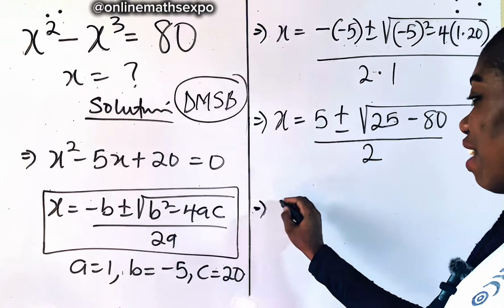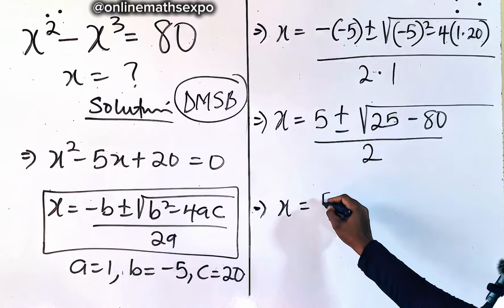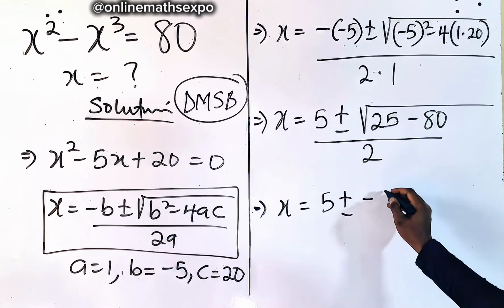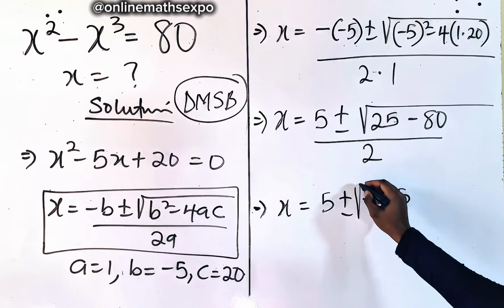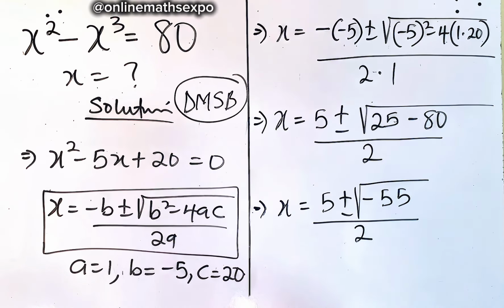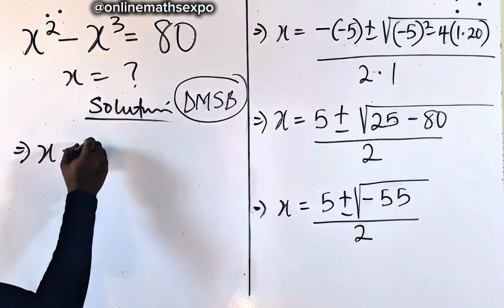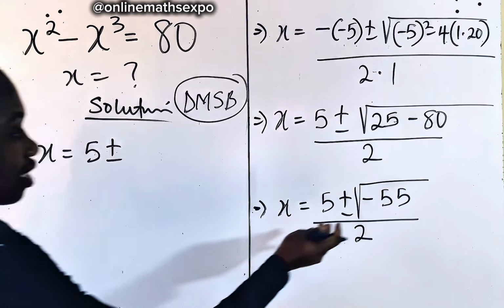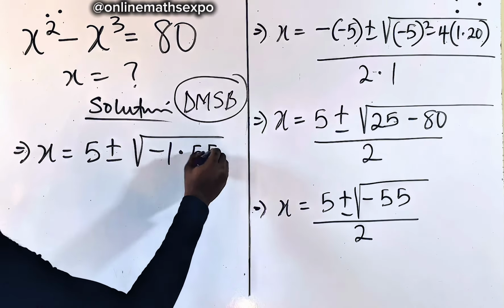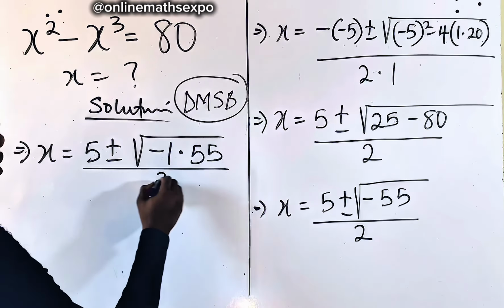So we're going to now have x is equal to 5 plus or minus. Subtract this, you have negative 55. So this is what we have, and is divided by 2. Keep solving. X is equal to 5 plus or minus. Now this is the same as square root of negative 1 multiplied by 55 divided by 2.